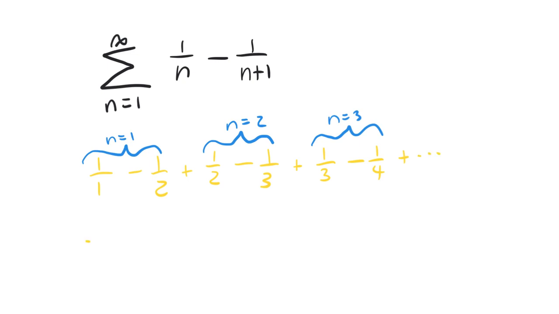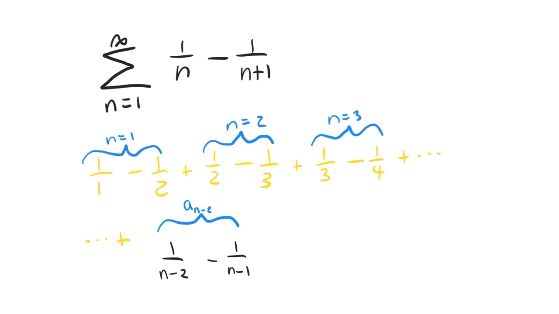So let's bring it down here and investigate. We'll say a sub n minus 2, and that would be 1 over n minus 2 minus 1 over n minus 2 plus 1, which is n minus 1.